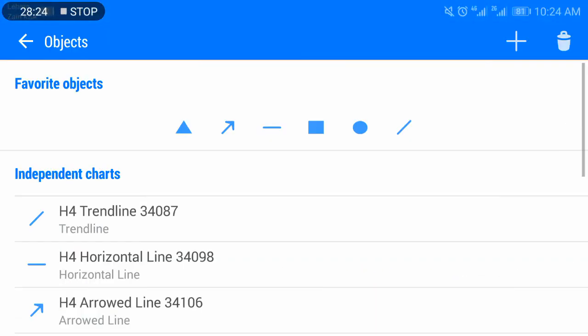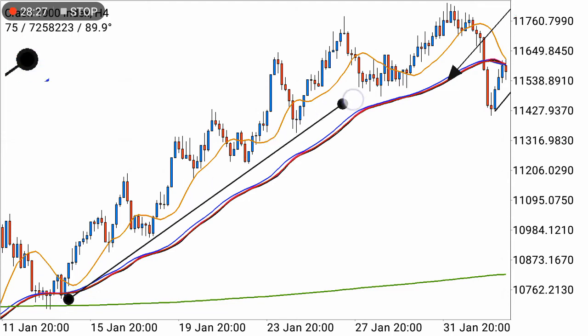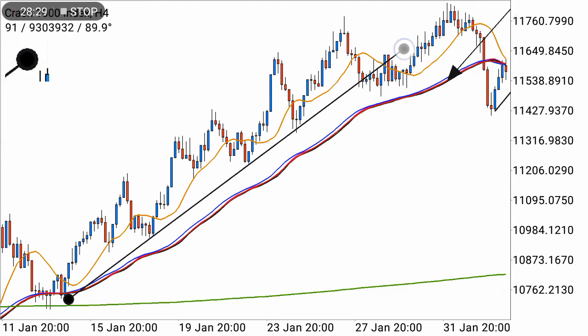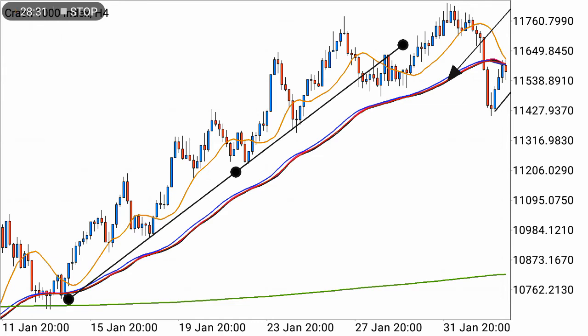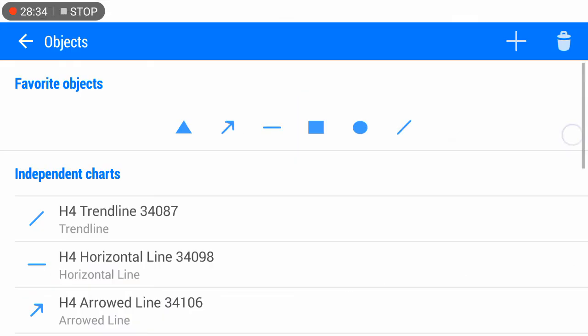Look here, trend line, one more trend line.